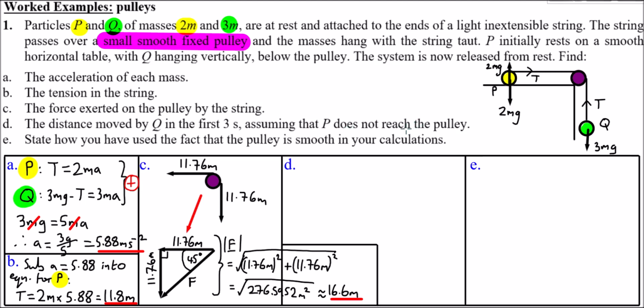So we now know that for object P and the system, the acceleration is 5.88 meters per second squared. So what we'll be able to do here is use SUVAT. And again, SUVAT can be used because this acceleration, we can assume it to be constant because we can assume Q is not going to hit the ground and P is not going to bang into the pulley.